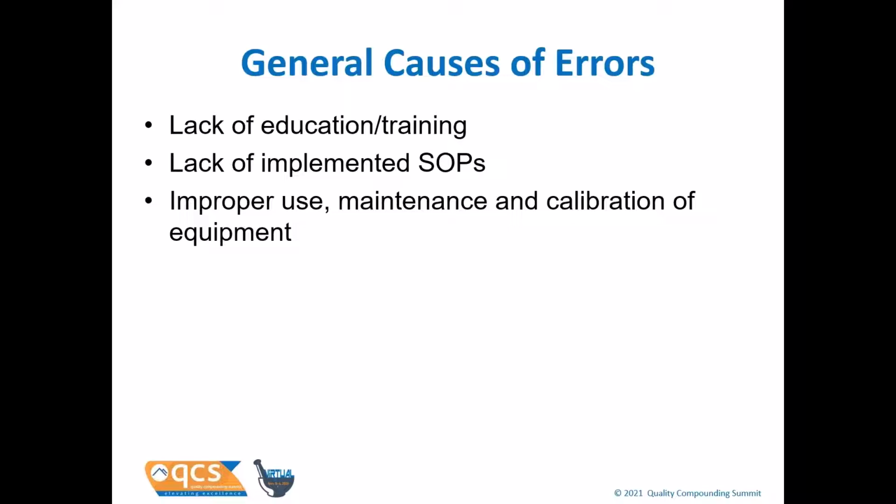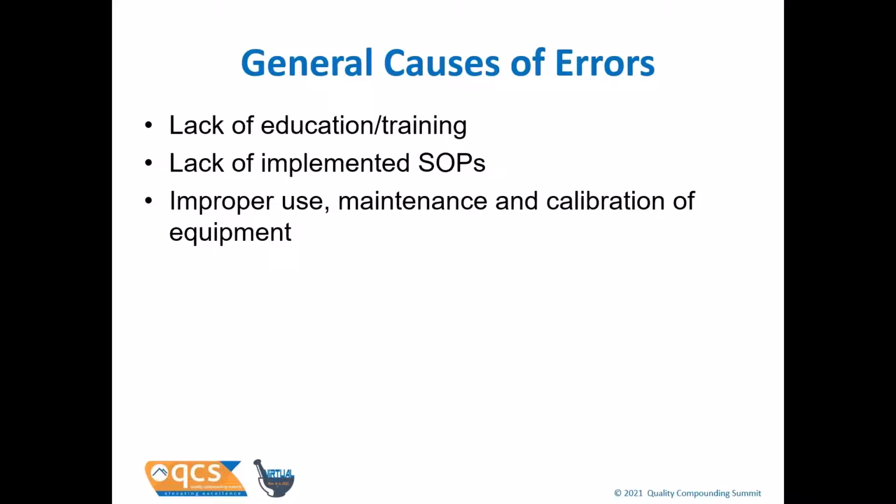What are some causes of errors? Probably one of the primary causes of errors, especially for someone just starting into compounding, is the lack of education and training. You know, years ago, the pharmaceutical curriculum for pharmacy contained a lot of science, a lot of laboratory application and training, but whenever the degree was changed to the PharmD degree, there had to be room made for a lot of the other coursework to lead to the PharmD degree.